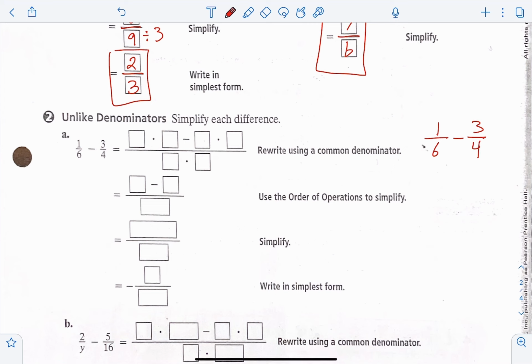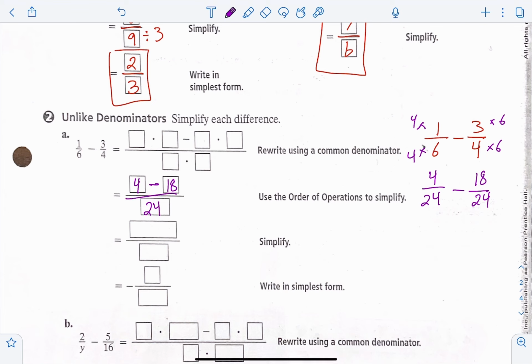So if I have 1 over 6 minus 3 over 4, and I times this side top and bottom by 4, and this side top and bottom by 6, so I took the denominator of the opposite one, I'm going to end up with 4 over 24 minus 18 over 24. So by having 4 times 6 and 6 times 4 on the bottoms here, we ended up with 24 on both bottoms. So that ends up being 4 minus 18 all over 24.